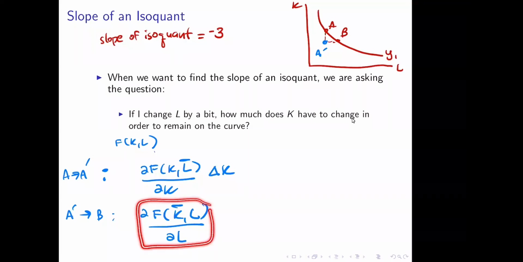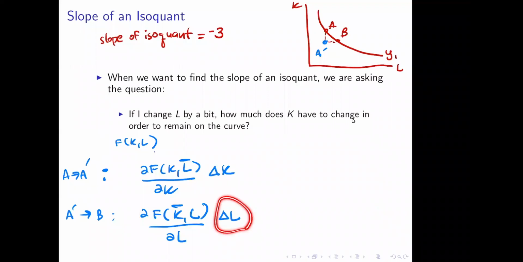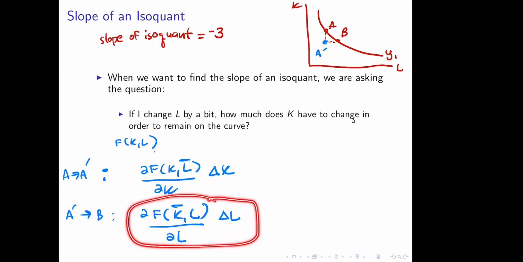When L changes by 1 unit, the output would change by MPL units. L changes by this amount, so the total output change as a result of the change in L would be this.